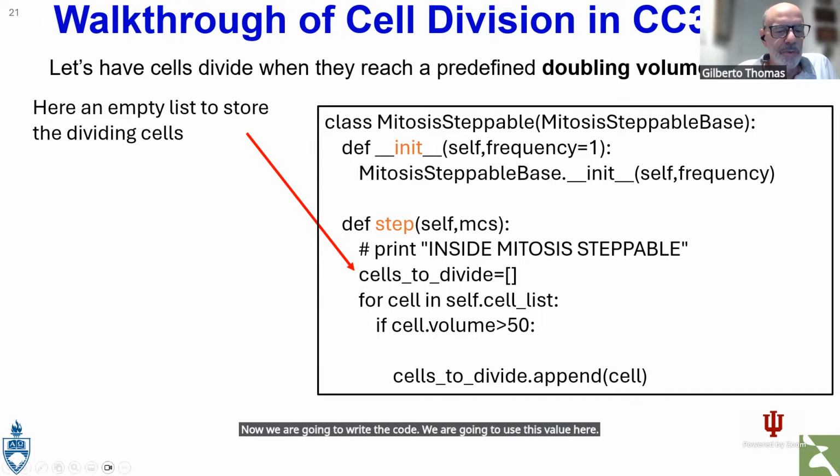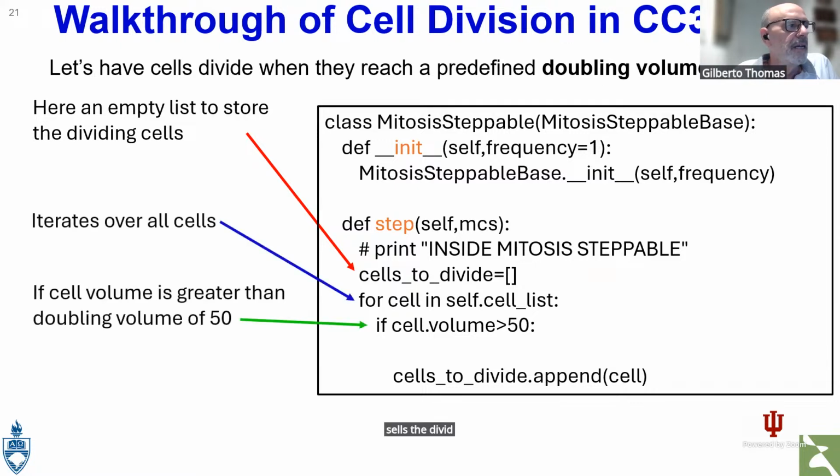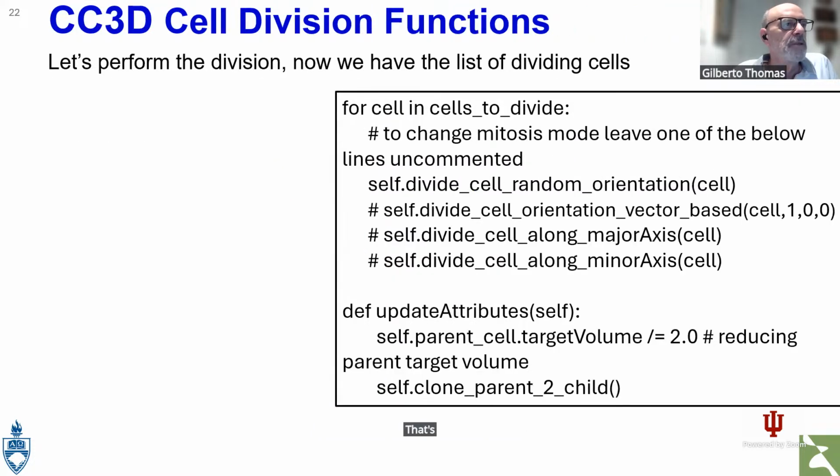Just repeating the main part of the MitosisSteppable, here's the cells to dividing list. Here it iterates over all cells, and if a cell goes over 50 in volume, it divides. That's this. To perform the division, we have this, just repeating everything in clarify modes, duplicating.